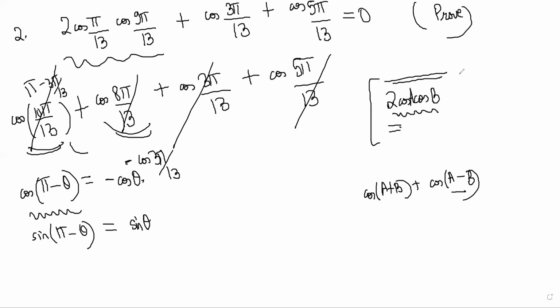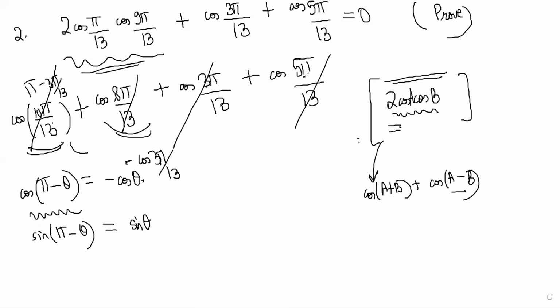This part, did you simplify it correctly? Yes, I simplified the 2 cos pi by 13 cos 2 pi by 13. Then after that, what did you see? There are 10 pi by 13, 8 pi by 13, 3 pi by 13, 5 pi by 13.